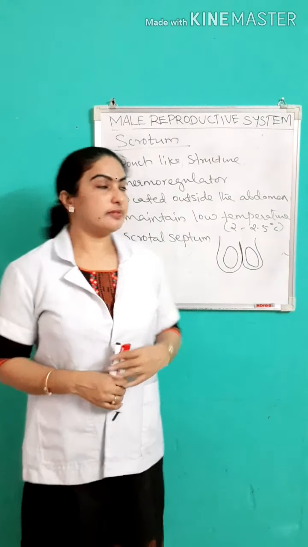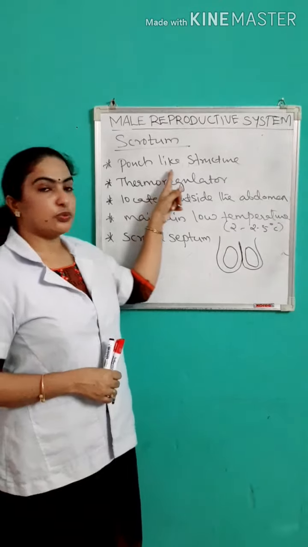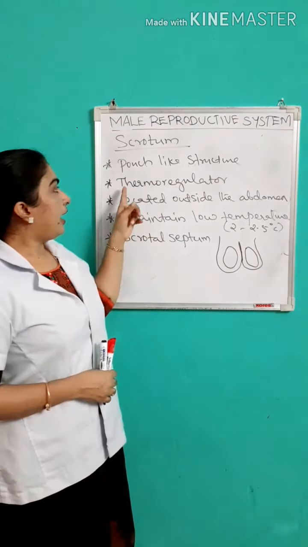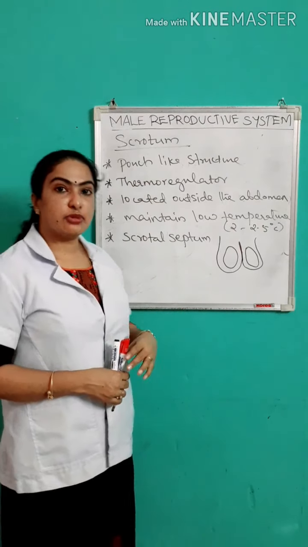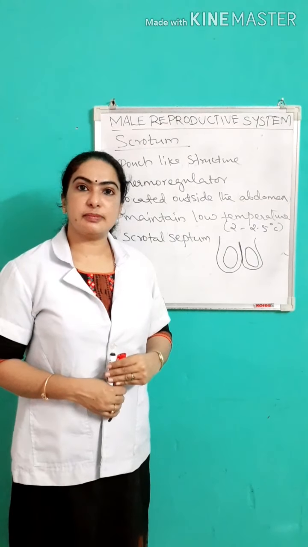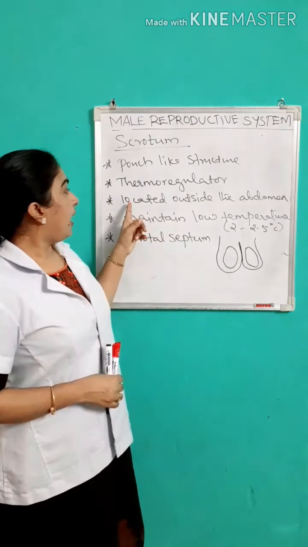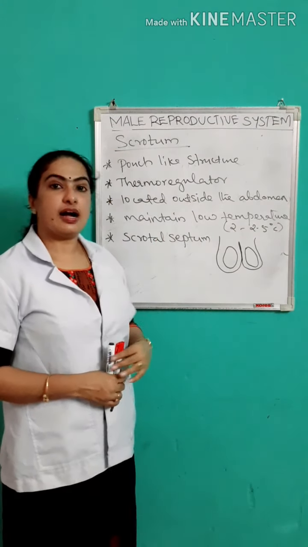Let's see once more. The scrotum is a pouch-like structure made of skin and muscle layers, and it acts as a thermoregulator by providing an optimal temperature to the testis for the production of sperm, and it is located outside the abdomen.